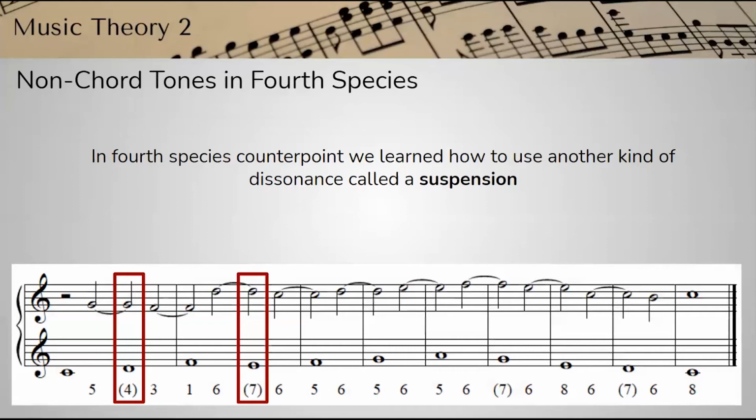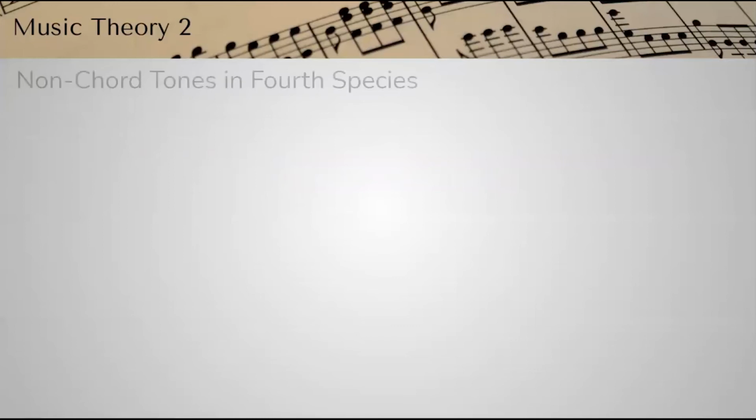Right? So we have our consonant sixth, then a movement to the seventh, right? And then resolve that to a sixth, okay? And we kind of just did that over and over again, and that was what we called fourth species, and this was the process of creating suspensions and resolving them.